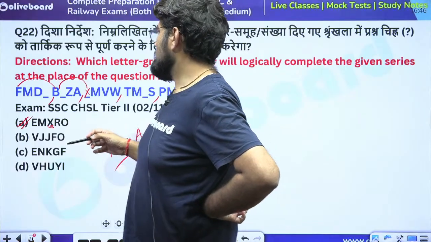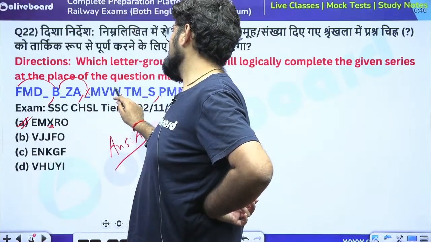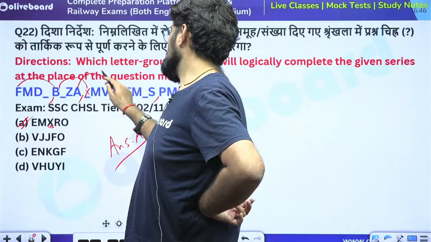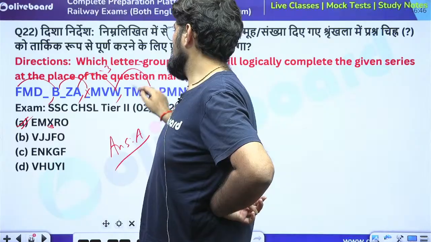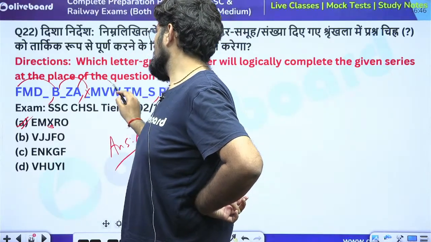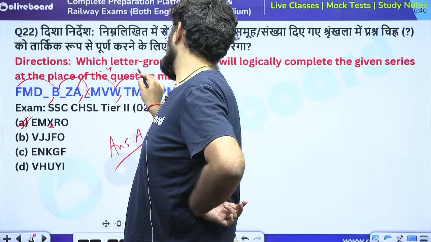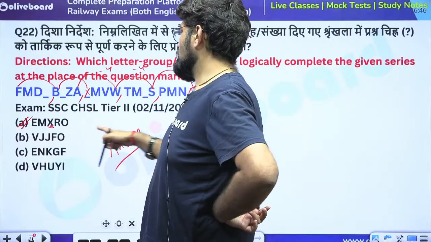If you check the last letter here, this is 26 and 23, minus 3. Sorry, this is 27 and 23, minus 4. 23 and 19, minus 4, and 19 minus 4 is going to give us 15. So O is going to come at the end.